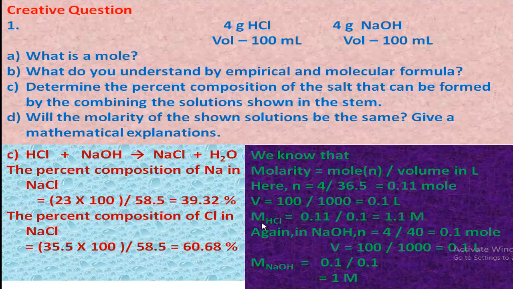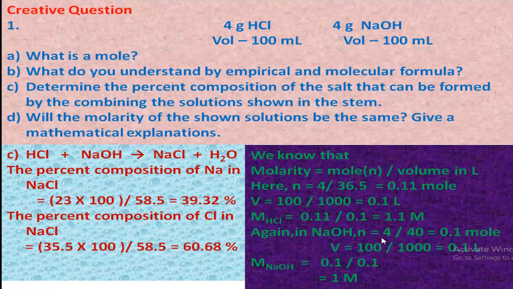Like this way, the molarity of HCl will be mole 0.11 divided by volume 0.1, equal to 1.1 molar. Similarly you have to find the molarity of sodium hydroxide solution, and in that case it is actually 1 molar.